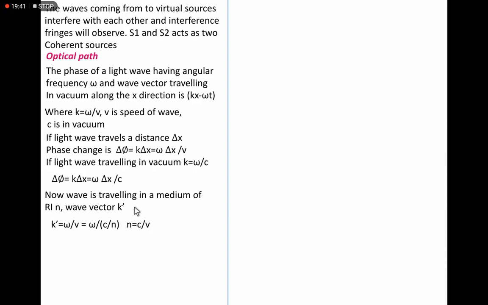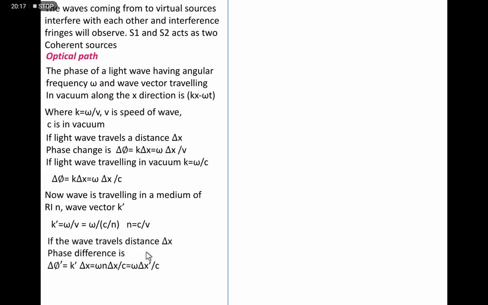We already studied this result in 11th science. N is the refractive index when light passes from air to another medium. In air the velocity is c and in the other medium the velocity is v. So the refractive index n is equal to c by v. Here v is replaced by c by n. Therefore the equation for k dash is omega divided by c by n.